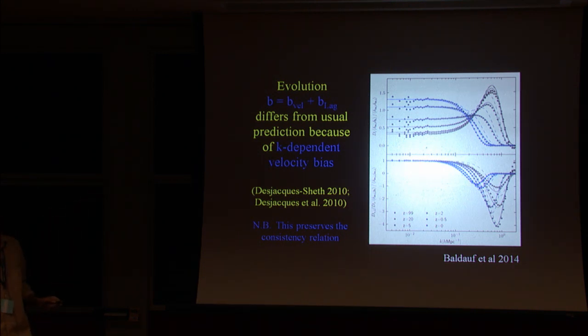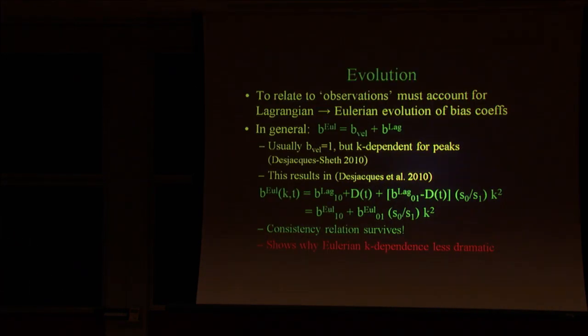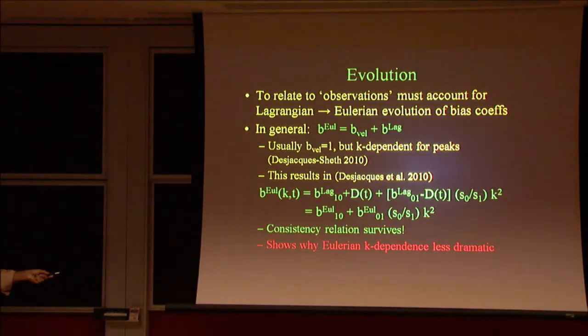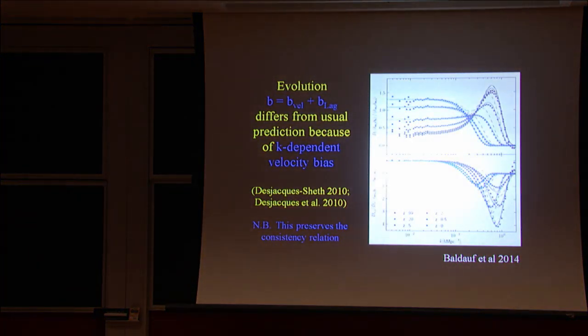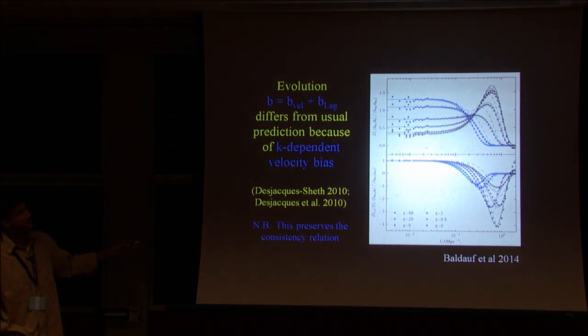So that's the evolution. The lines through the measurements are the k-dependent bias that is evolving because of this sort of thing. And that works better than not including it. So the dashed line is if you did not include that k-dependence.